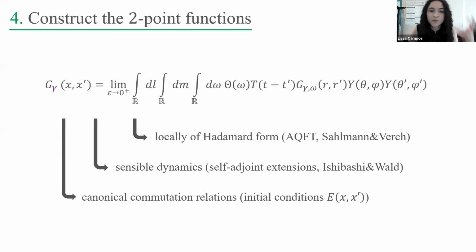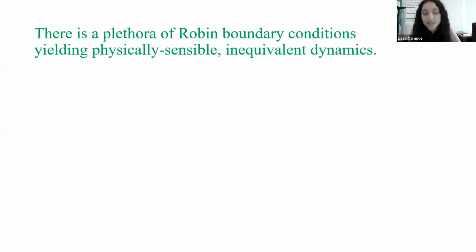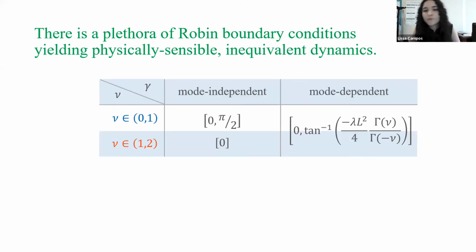So this is a physically sensible boundary condition dependent 2-point function. Okay. And in the end, this is the goal. This is the conclusion, actually, that there is a plethora of Robin boundary conditions that yield physically sensible inequivalent dynamics for the Klein-Gordon field on Lifshitz spacetimes.